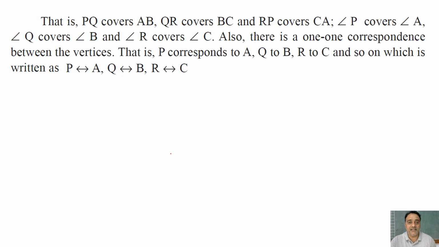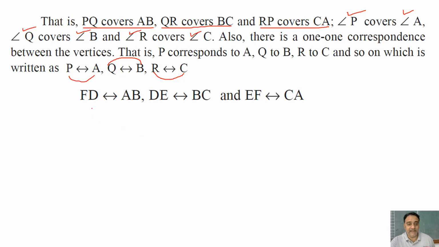That is, PQ covers AB, QR covers BC, and RP covers CA, and angle P will cover angle A, angle Q will cover angle B, angle R will cover angle C. Also there is one-one correspondence between the vertices. That is, P corresponds to A, Q corresponds to B, and R corresponds to C.